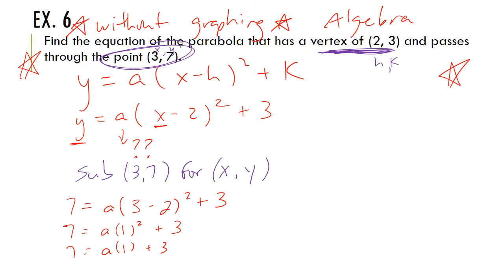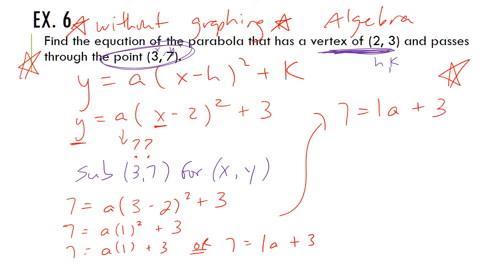So at this point, I really want you to write out 1a plus 3. The reason is that someone is going to be tempted to add 1 plus 3 to get 4, and that's not what we want to do. That 1 is attached to the a. So we're going to come up here: 7 equals 1a plus 3.